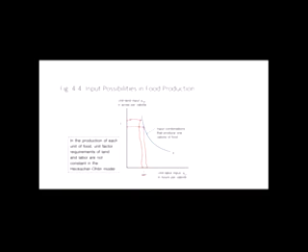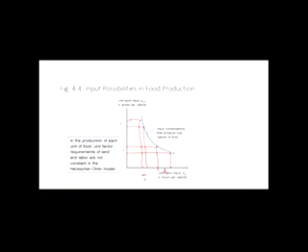Now, the production possibility frontier tells us what we can produce, but it does not tell us the worth of that production. Let me draw the production possibility frontier here. For example, we have food on the y-axis and cloth on the x-axis, and we have a production possibility frontier.